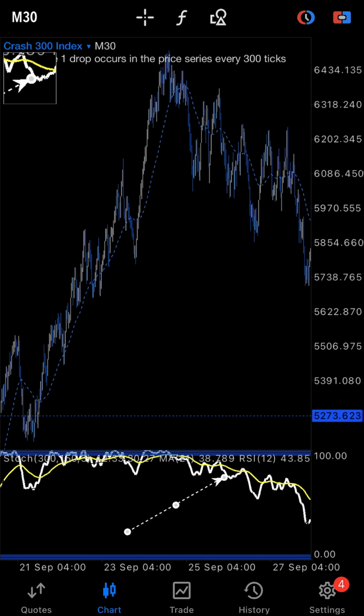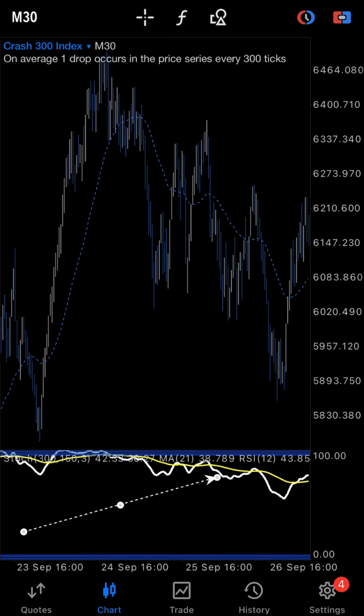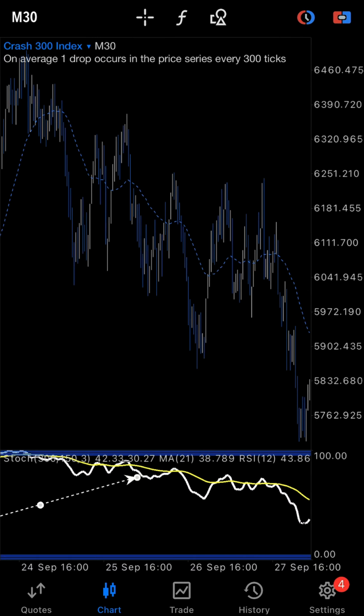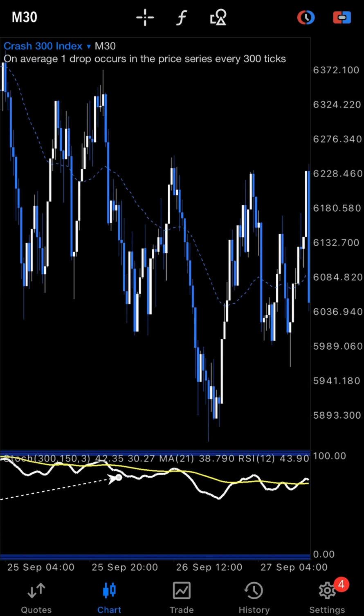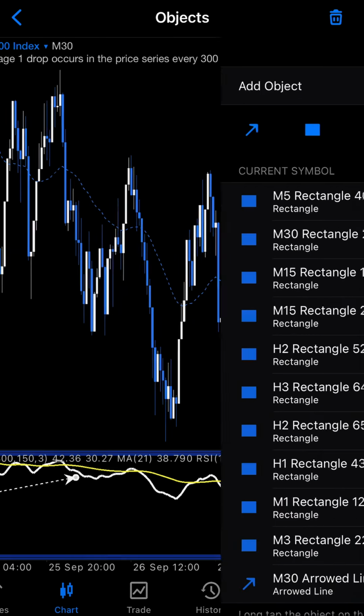Can you see a breakout here? After the breakout, you wait for a retest of the moving average and also a retest on the main window. So what we do is wait for a candle rejection at this retest here.